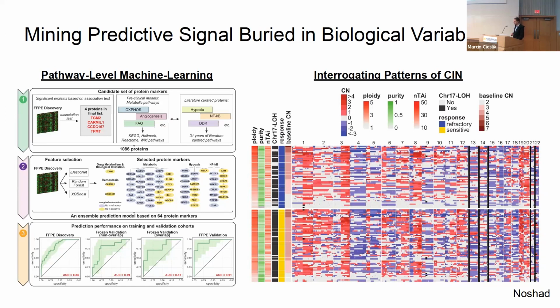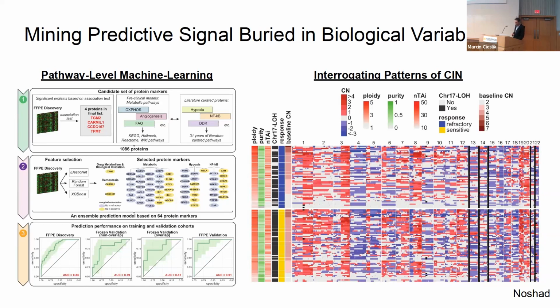What they did is based on literature curation of finding previously genes and proteins that could have been associated with platinum sensitivity, also relying on mouse models of acquired platinum resistance. They nominated a bunch of pathways, but also individual genes that had a very high likelihood of being associated with refractoriness, built machine learning models, and based on the output of those models, tried to predict whether a patient will or will not benefit from platinum.